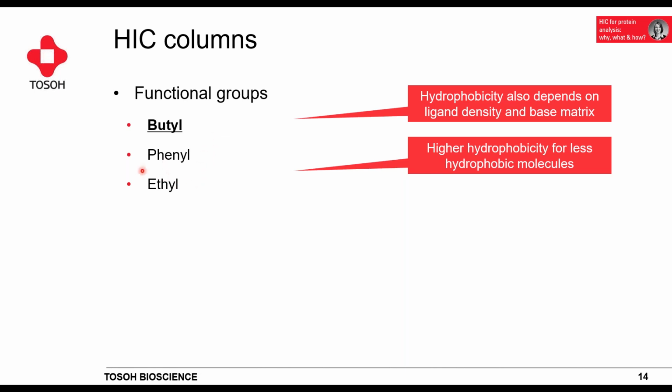But the ethyl one, for instance, is more hydrophobic compared to the butyl one, just because there are more ligands on the surface. It has a higher ligand density compared to the butyl one. So what do I want to say with that? It's not only the functional group that plays into how hydrophobic a column is, and it's very hard to compare hydrophobicities just based on the functional group.